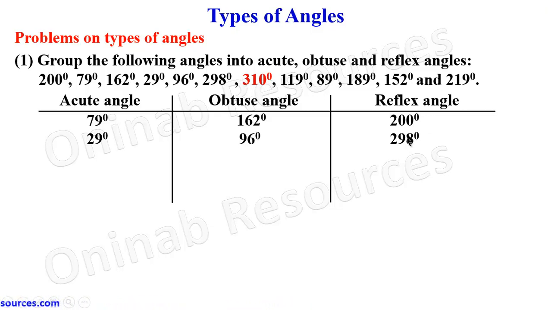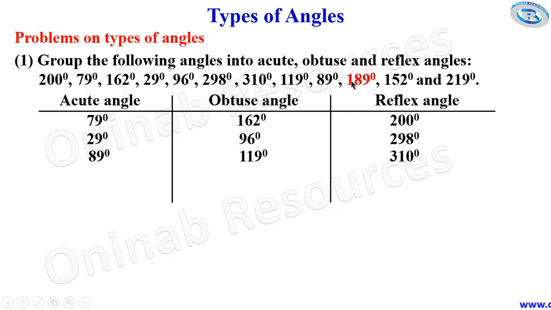It is a reflex angle and it is registered as such. We then go to 119 degrees. 119 degrees is greater than 90 degrees but less than 180 degrees. Therefore, it is an obtuse angle. So we have 89 degrees. 89 degrees is going to be registered as acute angle.